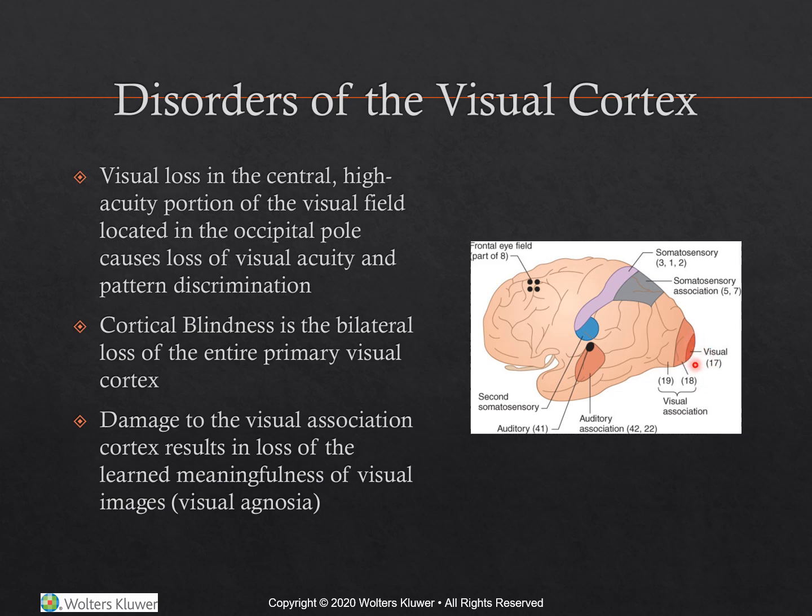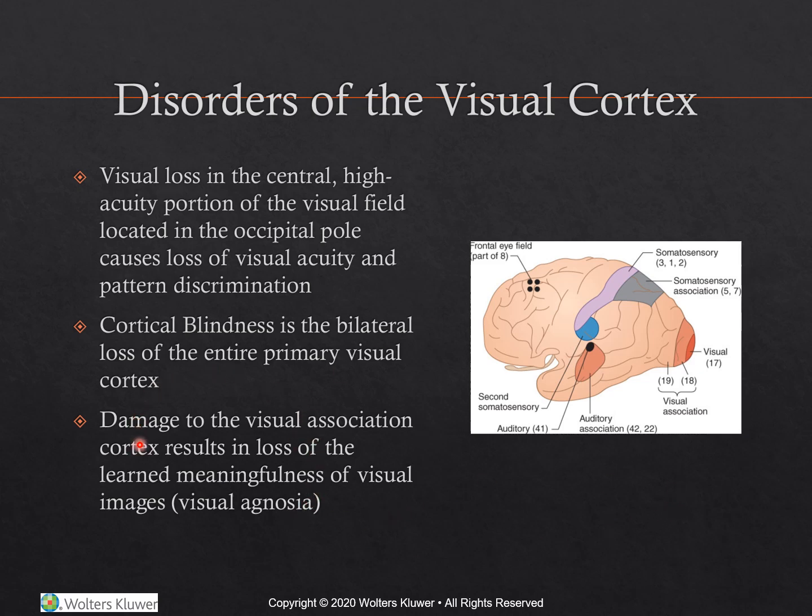If there's damage to this area, the patient's clinical manifestations would be things like loss of visual acuity and inability to discriminate between different patterns. We can also get cortical blindness. Cortical blindness is the bilateral loss of their entire primary visual cortex. And that person would be essentially functionally blind.